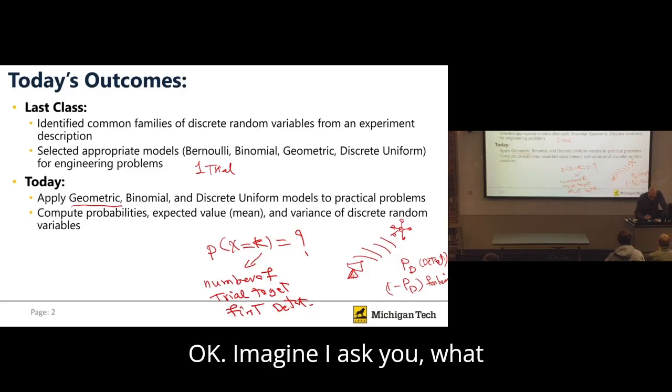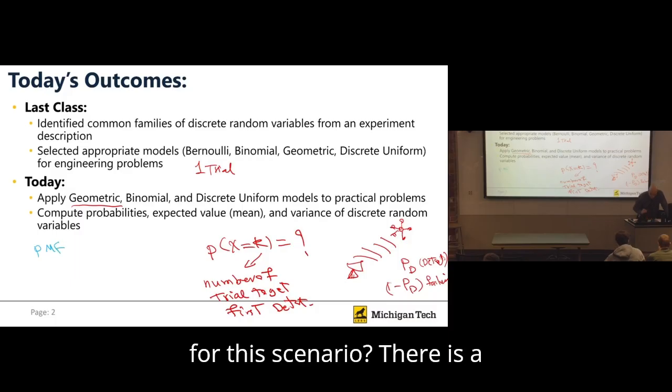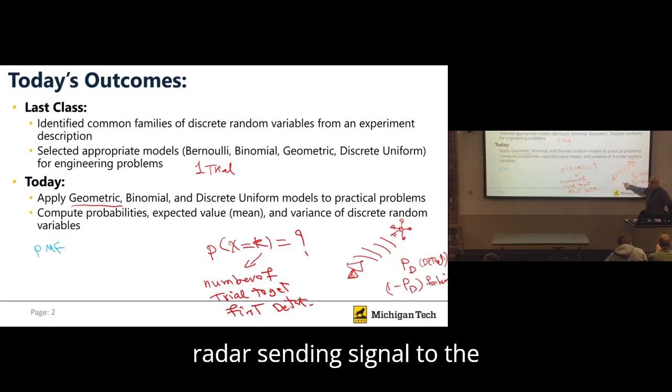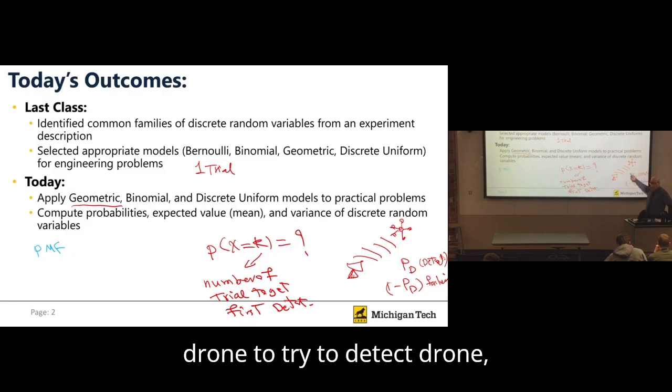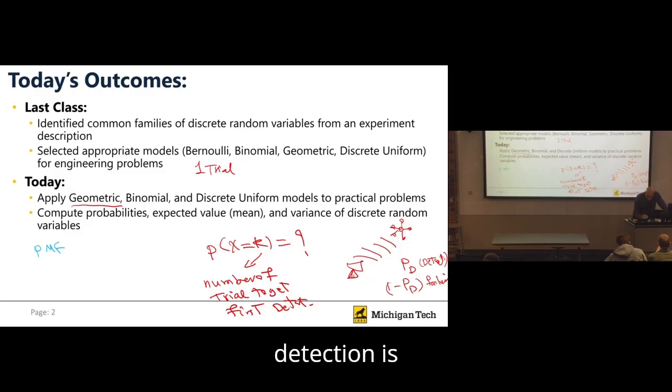OK, imagine I ask you what is the PMF, probability mass function, for this scenario. There is a radar sending a signal to the drone to try to detect the drone, and for example the probability of detection is 90%.